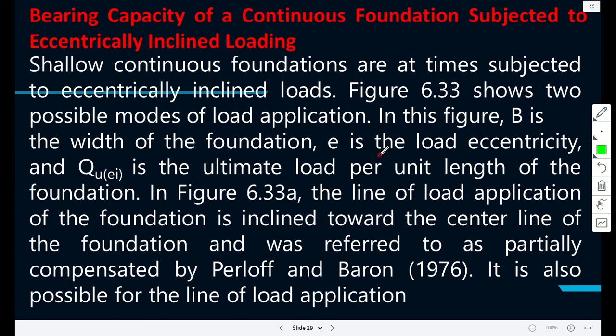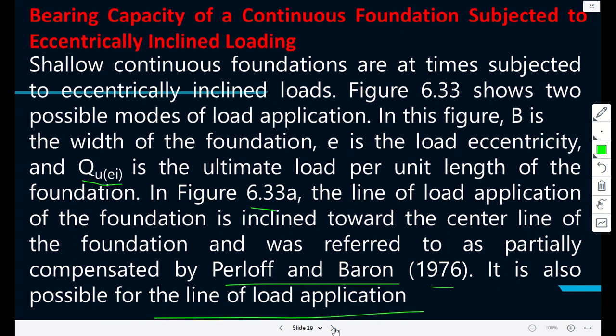In this figure, B is the width of the foundation, e is the load eccentricity, and Q is the ultimate load per unit length of the foundation. In Figure 6.33a, the line of load application is inclined toward the center line of the foundation and was referred to as partially compensated by Perloff and Baron.